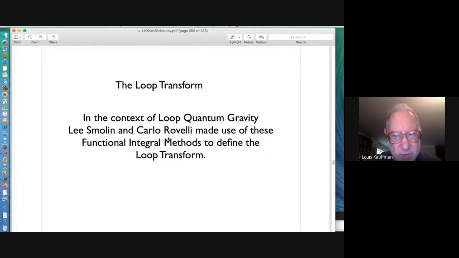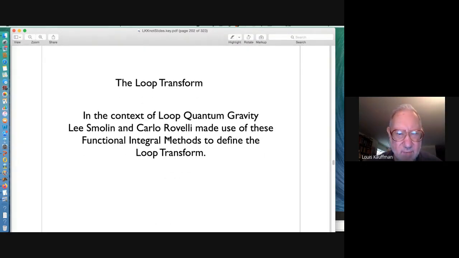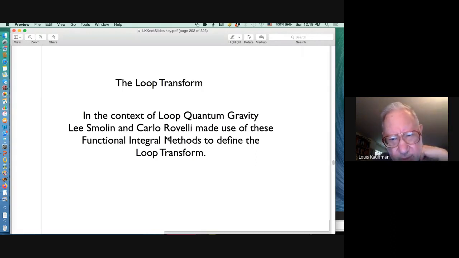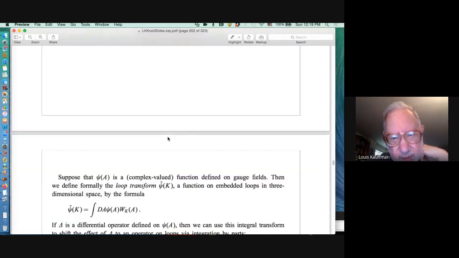But I do want to show you how this formalism ends up being related to the origins of what is today called loop quantum gravity. Loop quantum gravity originates from the work of Ted Jacobson and Lee Smolin and Carlo Rovelli and Abhay Ashtekar. And in the original versions, they used functional integrals to define the loop transform.